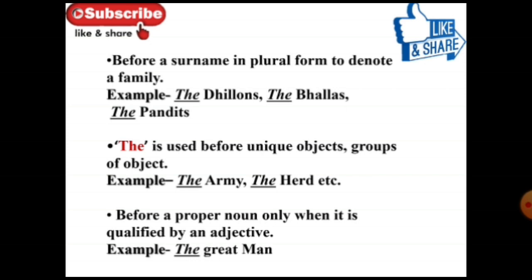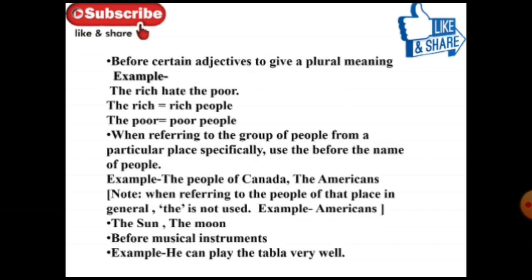Otherwise, with a proper noun we never use any article. But when an adjective is used to qualify it, the is used. The great man, the great Ashoka, the great king.